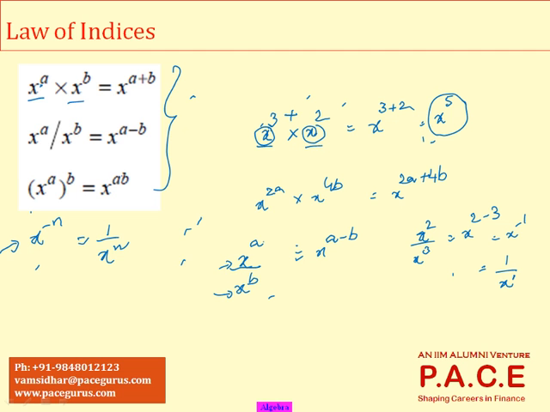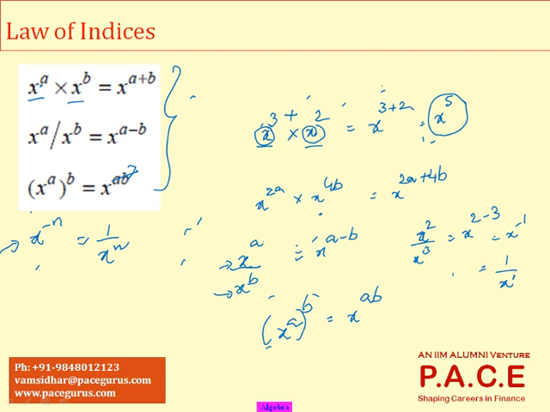Now, one of the other important laws of index which you should be comfortable with is whenever x to the power of a is raised to some other power, let's say b. So x is first raised to a, and that resultant, whatever x to the power of a is raised to the power of b, which means it is multiplied those many times, which will work out to nothing but x to the power of, just multiply the two exponents and remember it.